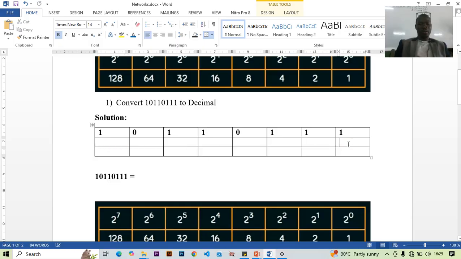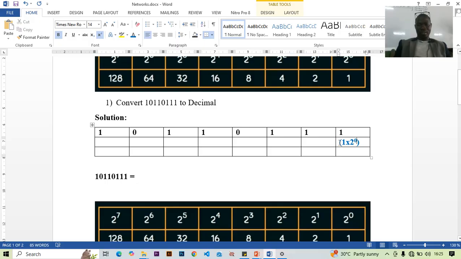Let's begin from this side. This 1 here times 2, which is the base of the number. But this base should be raised to the place value of this given number. Here, this place value is to the power 0. Raising it, we use this value here to the power 0. So this is 1 times 2 to the power 0.